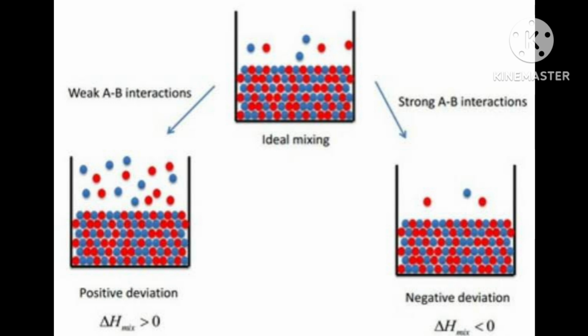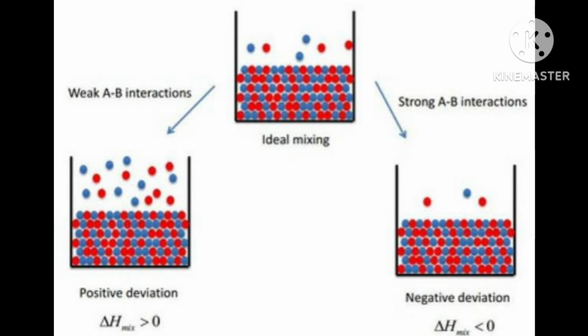Now this you can also understand by a graph. Already last class I have sent a similar graph. Here it is vapor pressure versus mole fraction, x-axis mole fraction, y-axis vapor pressure. You will get a straight line.